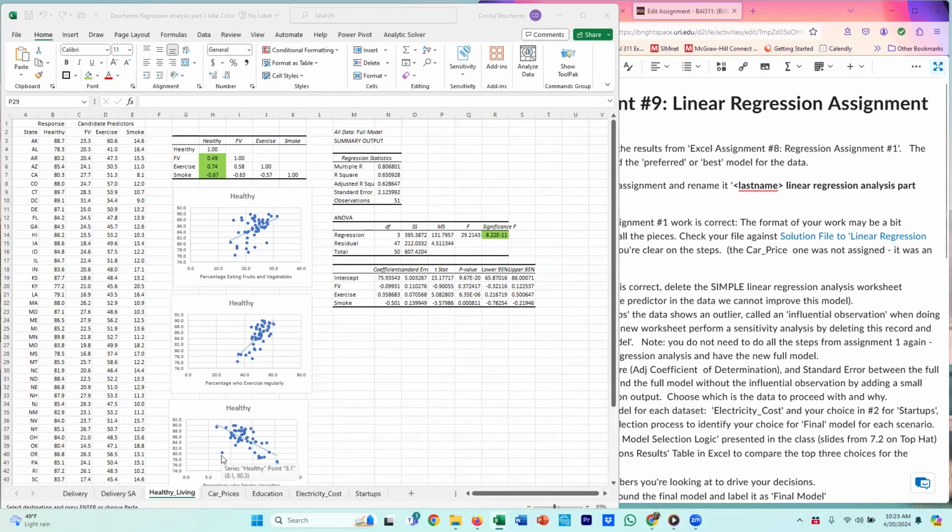But then I noticed that there's this influential observation down here on the percentage who smoke cigarettes. So I looked at that, and that's an 8.1, but the associated healthy percentage of adults is only 80.3. So I noticed that. I'm going to run a sensitivity analysis on that. So I go over here.